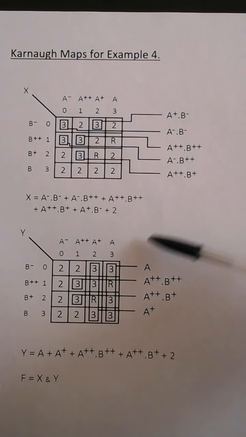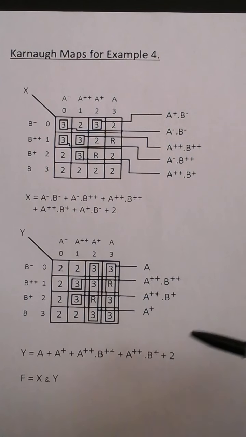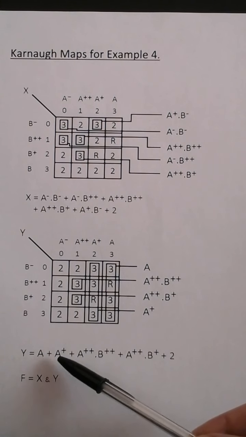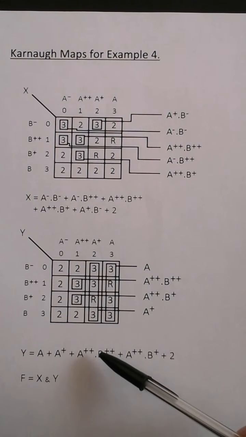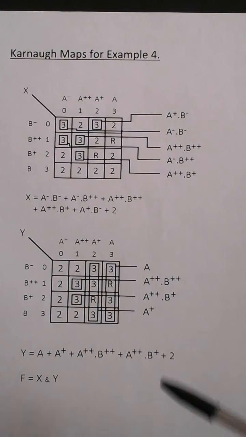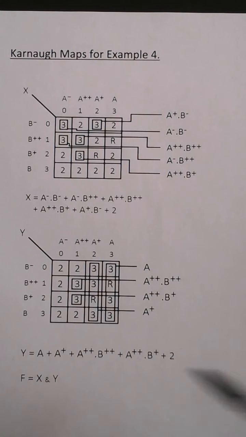So you connect all these terms together with the maximum function, and you get y equals a max a plus plus min b plus plus max a plus plus min b plus max 2, and f equals x and y.